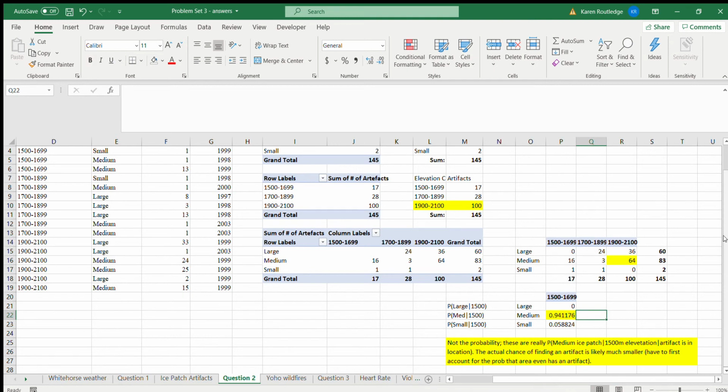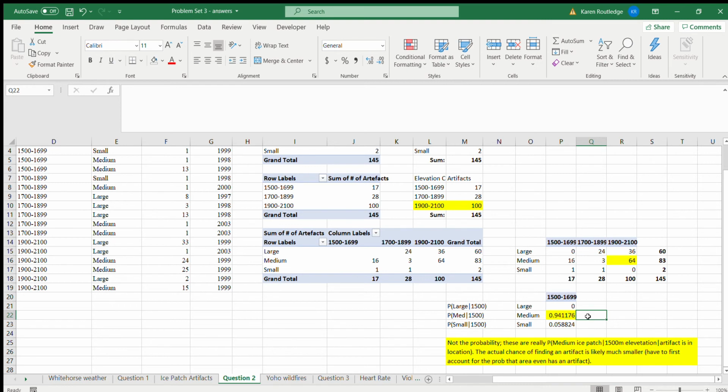The last question, perhaps a little vague, maybe too vague, my apologies if so. The calculation we just did makes it look like if we went out into the hills tomorrow to some mountain that was between 1500 and 1699, and we found a medium-sized ice patch, that we would have a 94% chance of finding an artifact.